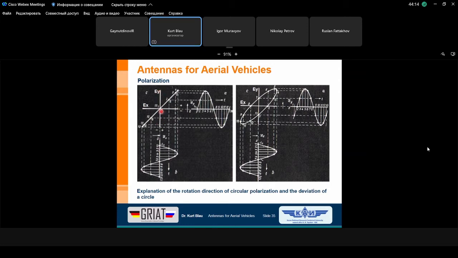If we apply the same voltage at the feed points of both dipoles in this way, same magnitude, no phase shift between, phase shift is 0, then the antenna radiates linear polarization, and the E field vector is swinging in this plane here, not exactly in the elevation or in the azimuthal direction. It's a 45-degree plane.